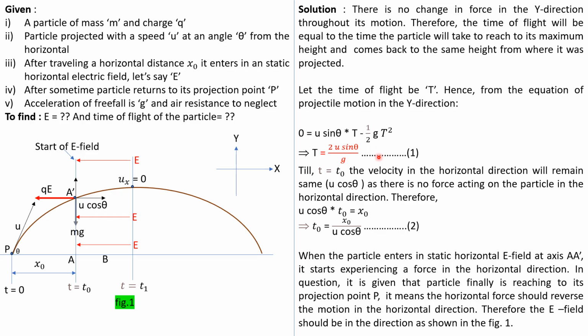So t will be 2u sine theta by g. Therefore the time of flight will not change, and its value, the time of flight of the particle, will be 2u sine theta by g. So this will be one of the answers for this part.